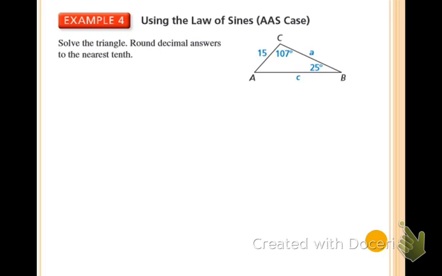You'll like these because we need to find an angle, angle A. We already have two angles out of three, so we add them and then subtract from 180. What is 107 plus 25? 132, which would make 48. So the measure of angle A is 48.